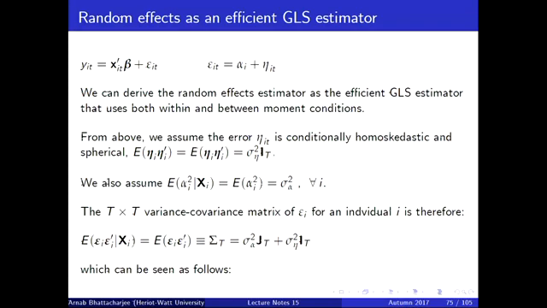Okay. So now let us see how we implement this random effects estimator. In the process we are going to look upon random effects as an efficient GLS estimator. So remember that we have assumed conditionally homoscedastic and spherical errors, right?